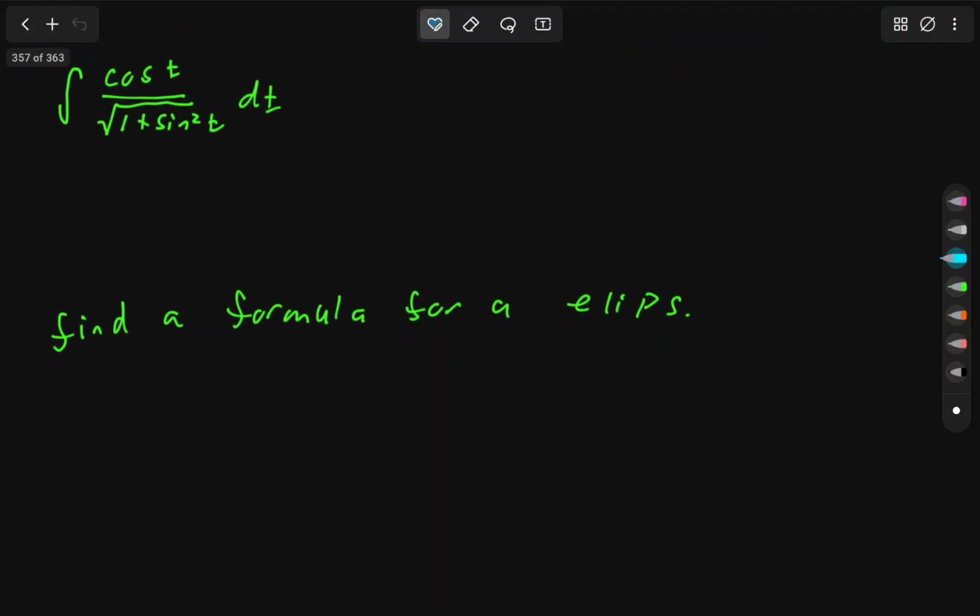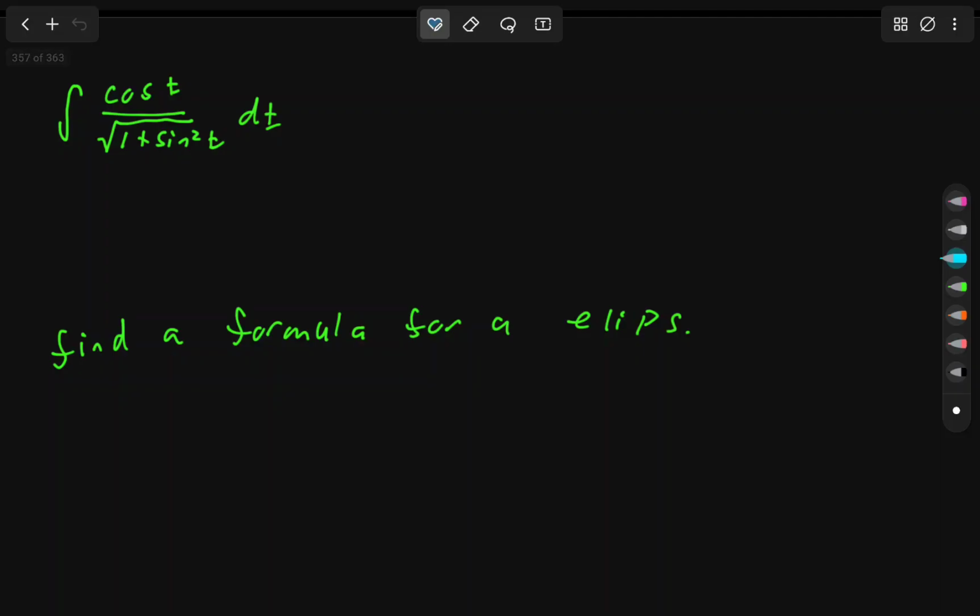All right, for this next integral, I am willing to bet that you may have thought that we were going to use substitution for this. And you would be somewhat right.